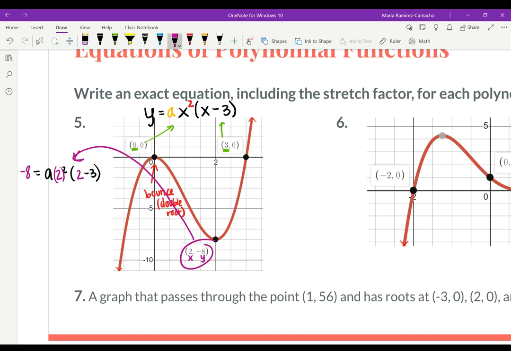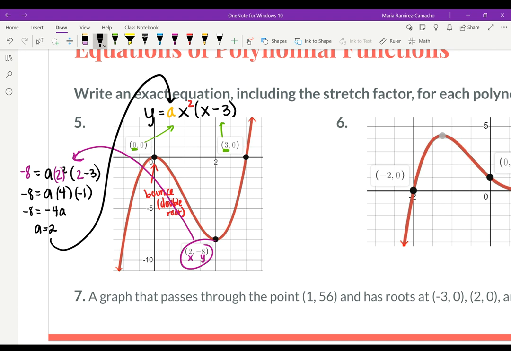It doesn't matter what point you plug in from the graph, but this one's labeled, so we can use that one. Let's simplify and solve for a. Negative 8 equals a times 4 times negative 1. So negative 8 equals negative 4a. Divide both sides by negative 4 and we get a equals 2.